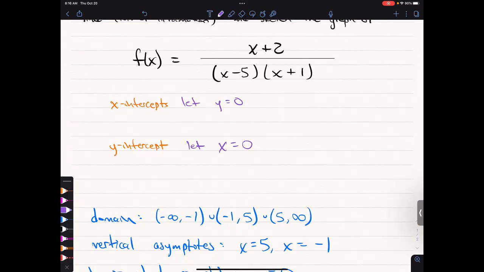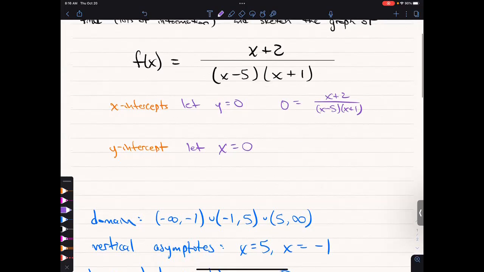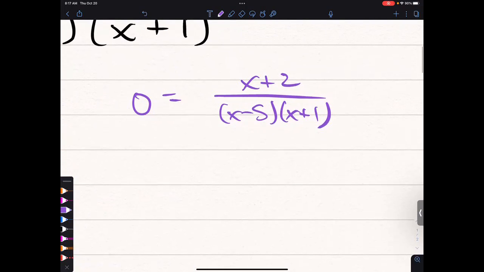So if we let y be 0, the only way this could possibly be true is if the top is 0, right? Because the bottom can't be, because we've already dealt with that, right?